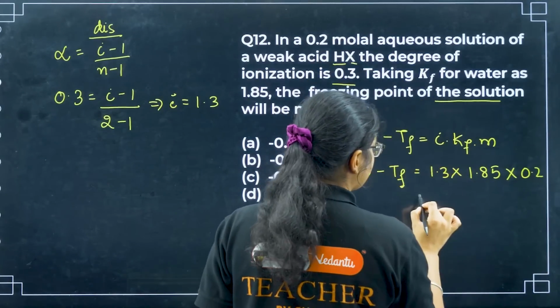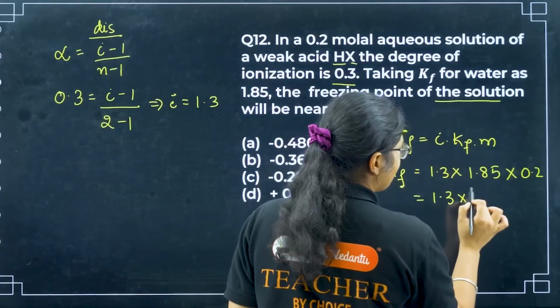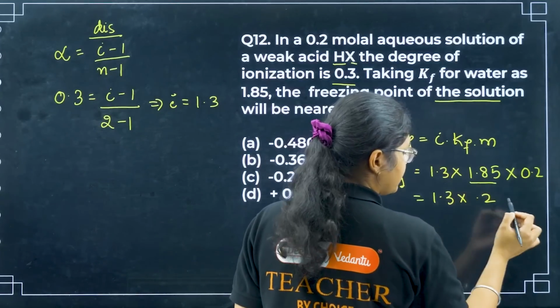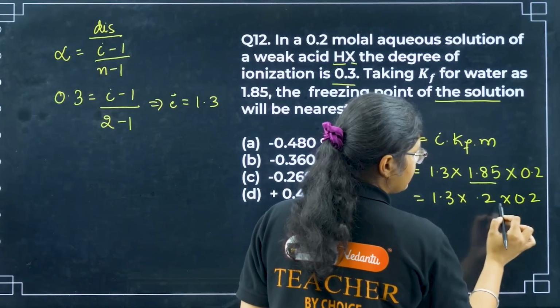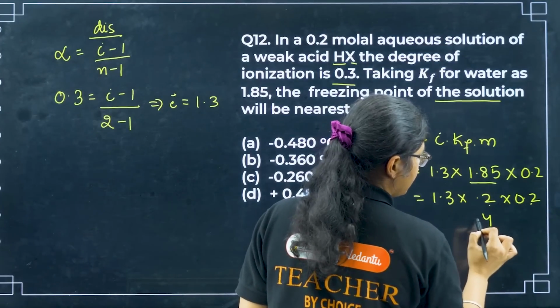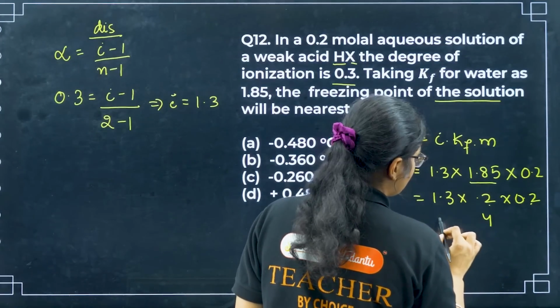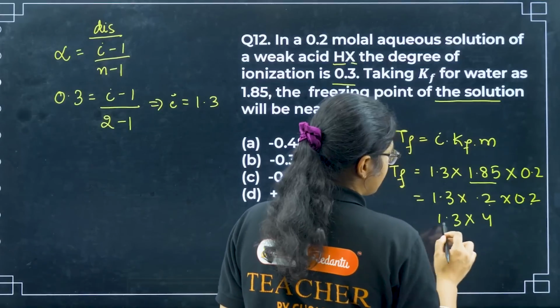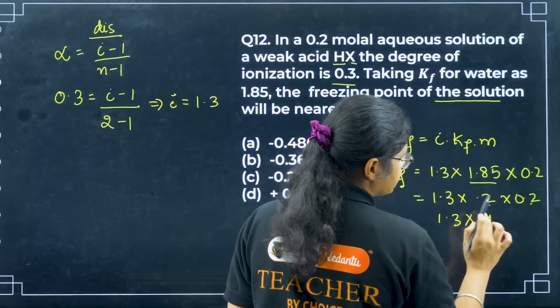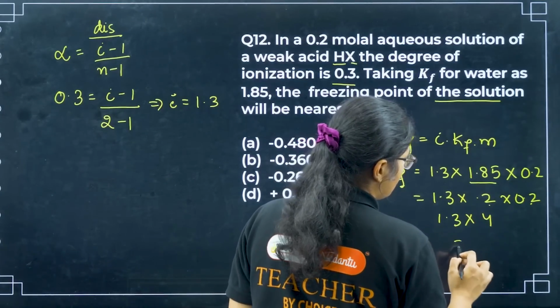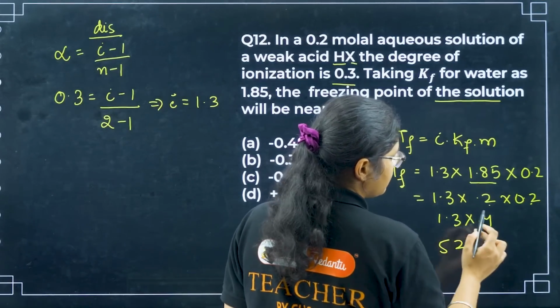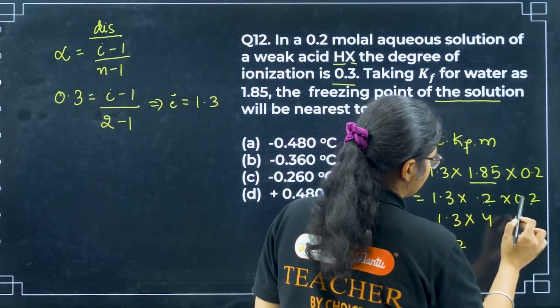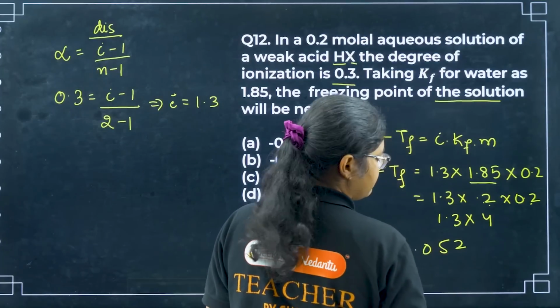Let us do some calculations here. 1.3, 1.85 I am taking as 0.2, this one also I am taking as 0.2, so 2 2s are 4, right? So 4 into 1.3, I can say 13 into 4 is 52, right? So how many decimal points do I have? 1, 2, 3 decimals, 0.052, right?